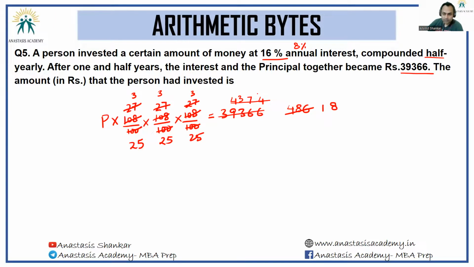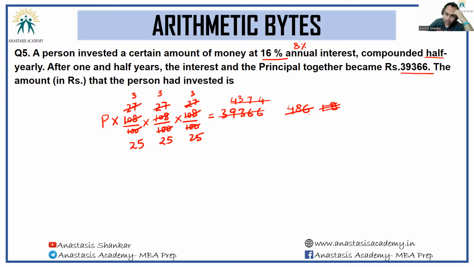I have cancelled it once, twice, thrice. But now I'm still left with 27 into 27 into 27. How is this happening? I'm cancelling. Okay, this is the challenge.